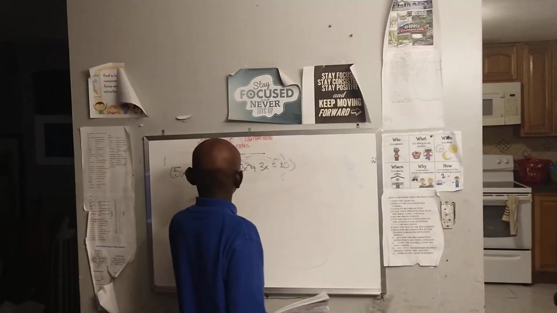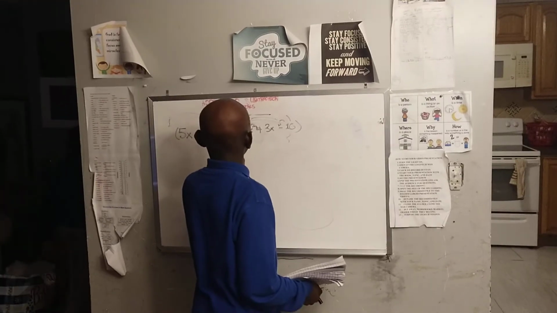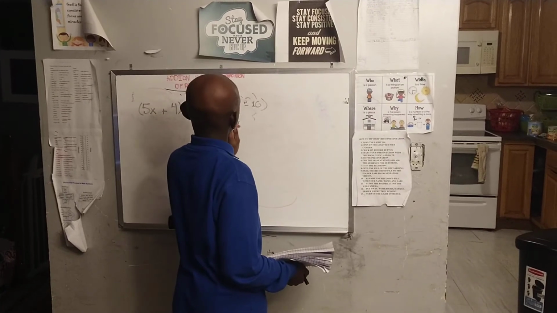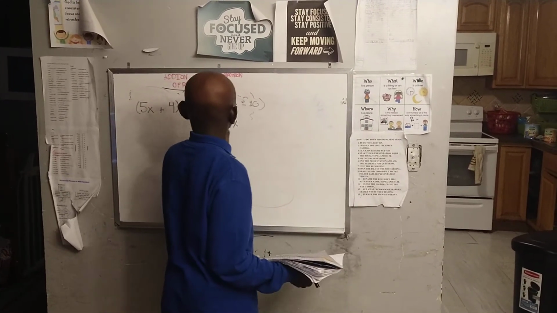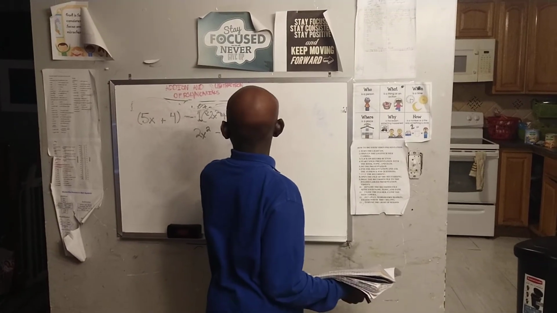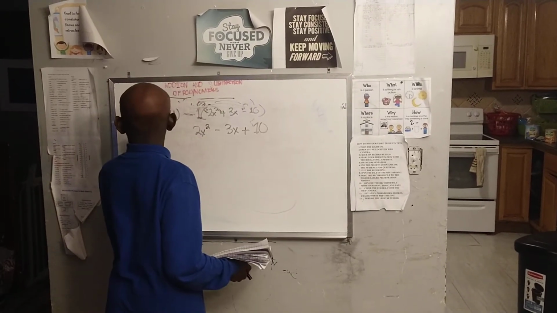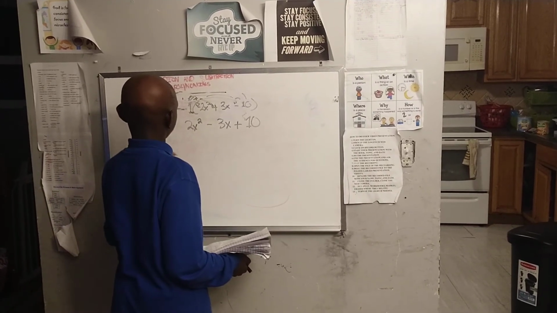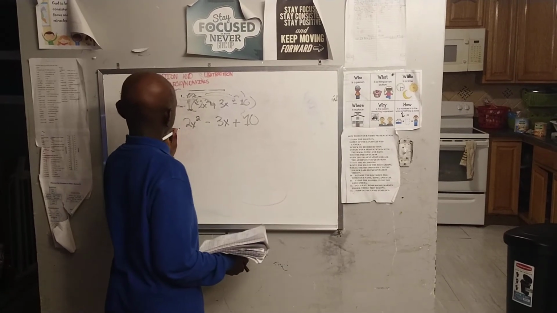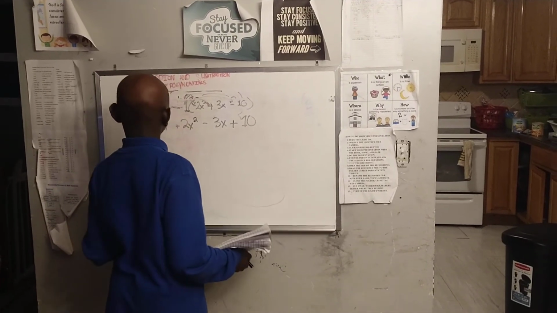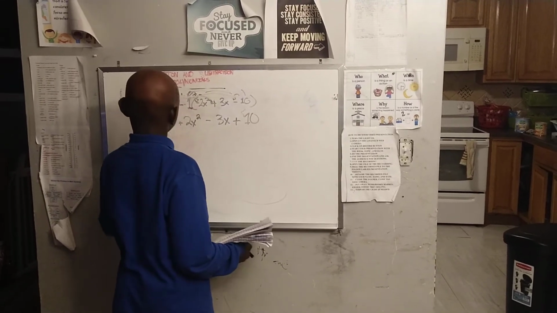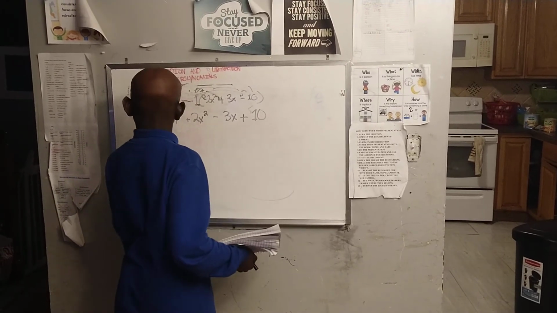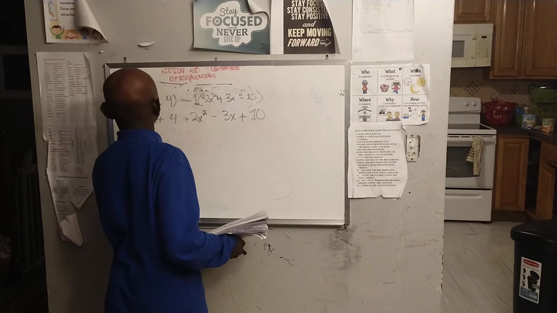So we get 2x squared minus 3x plus 10 and we have 5x plus 4. So, we have no other x squared, so we leave the 2x squared.